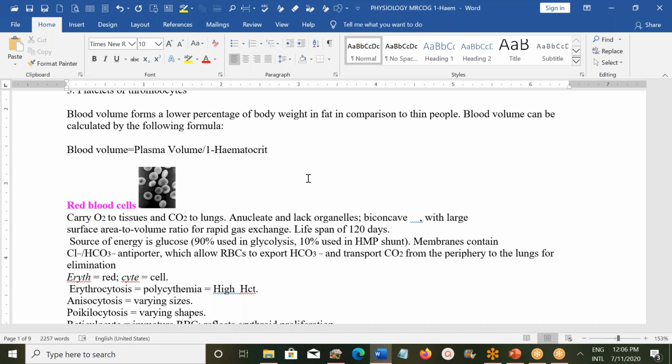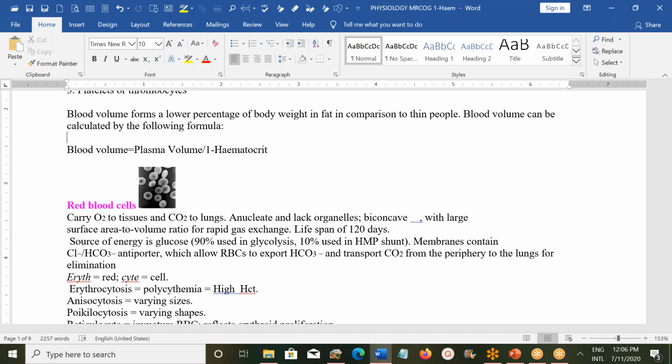This is the number in the males. And if we talk about the females, the erythrocyte count is going to be like 4 to 5.5 into 10 raised to power 12 per liter. And they make up 40 to 54% of the blood in the males, and in the female, the hematocrit is going to be 34 to 47. That is considered the normal hematocrit.